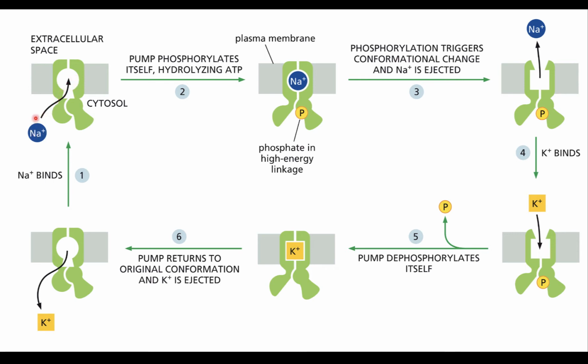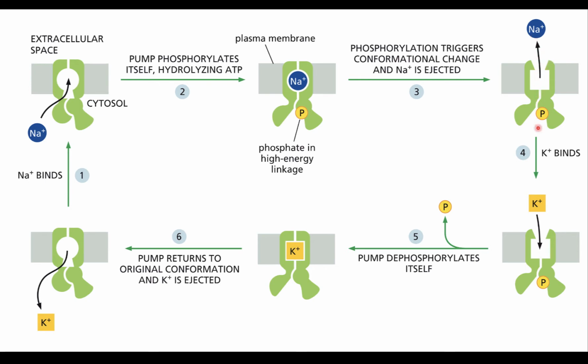And sodium can come from the intracellular space and bind to the sodium binding site. This does not trigger a shape change. However, once the pump is phosphorylated, right, so we're hydrolyzing ATP, in this conformational change, the binding site changes shape so that it can bind potassium, and we also create an opening for sodium to be released.